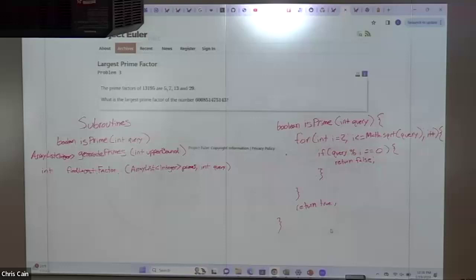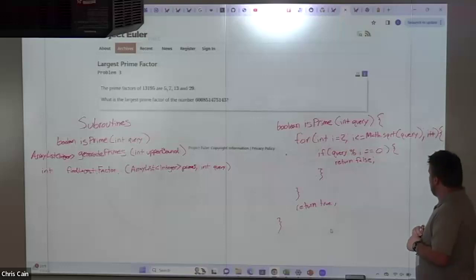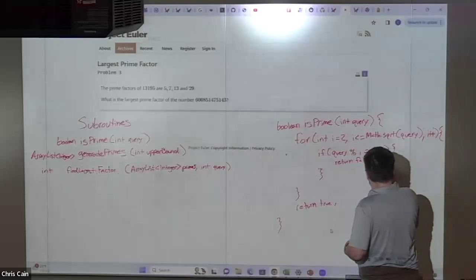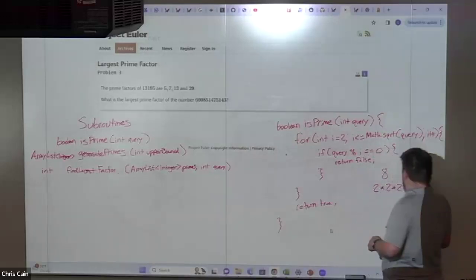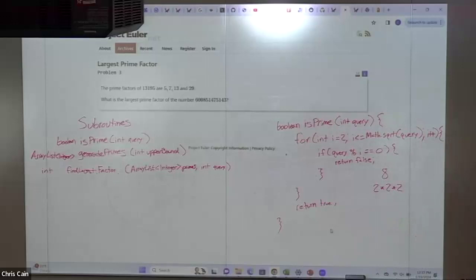I would argue you actually want to do something else. Because you can find a prime factor for something that is not. Like we have 8 is 2 times 2 times 2. If you go backwards, I would argue that it's going to end up being more work.